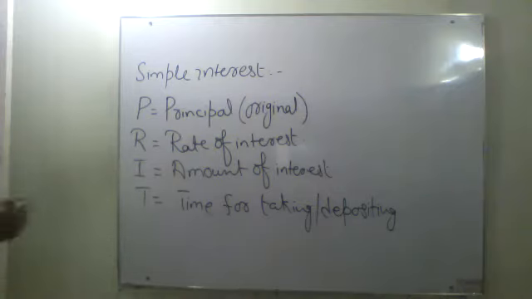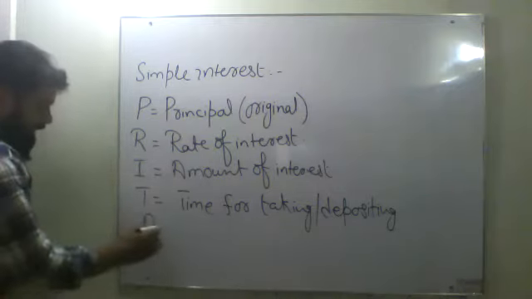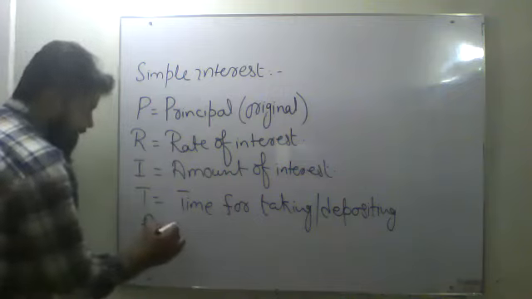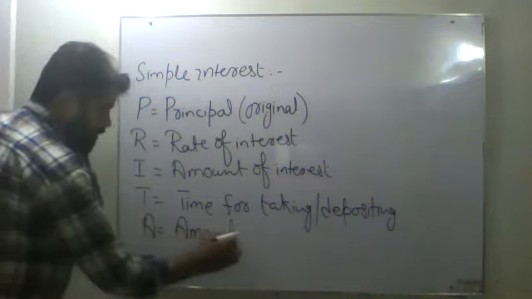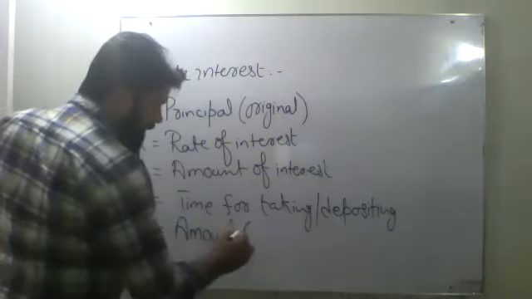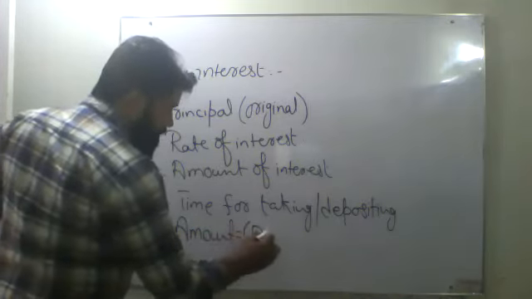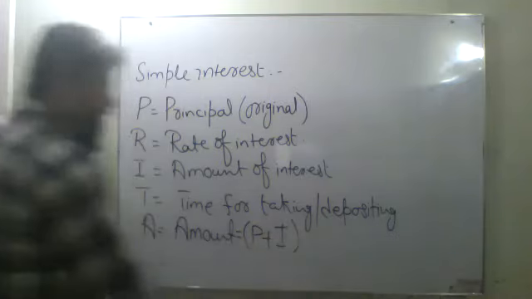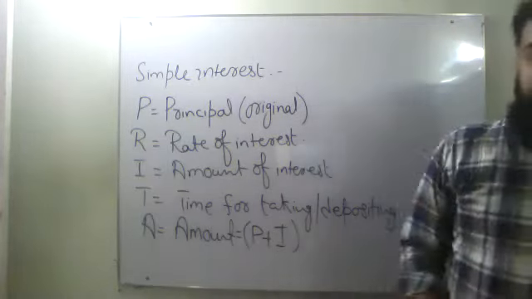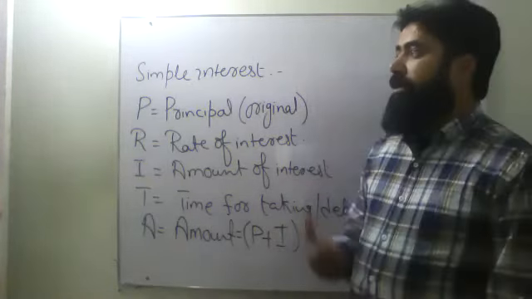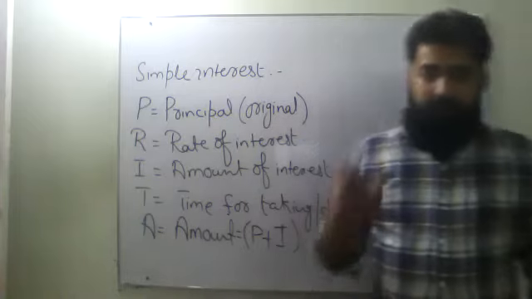The last thing we call A, that is the final amount, or total amount in which principal and interest both will be added. First of all, I am putting some amount. I am putting $10,000, and after that I'm going to have a 1% interest.